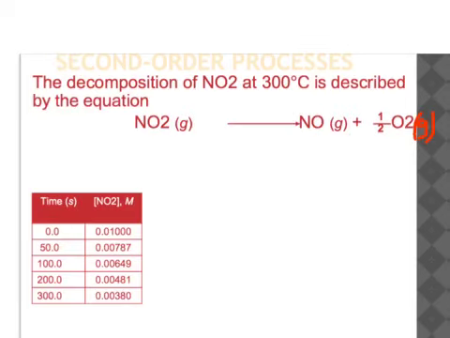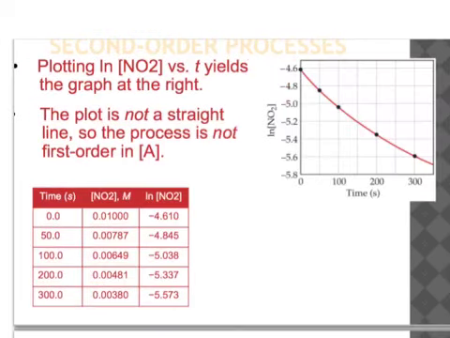Now this is the decomposition reaction of nitrogen dioxide. If we're given an equation like that, and we take the concentration data and plot it versus time a couple of different ways, we can tell by the graph whether it's first or second order with respect to nitrogen dioxide. So the two ways are, first, plotting it to see if it's a first order reaction.